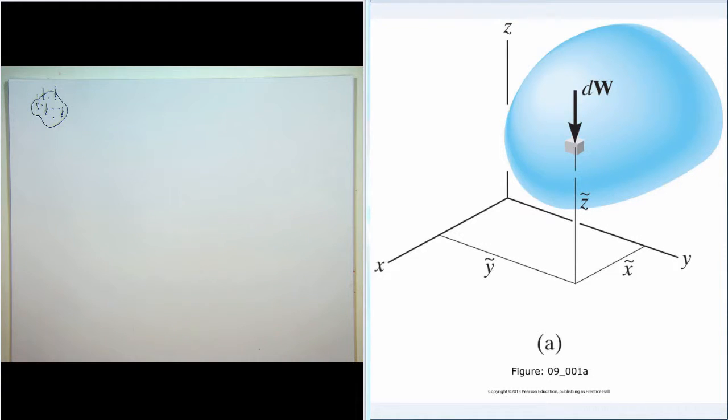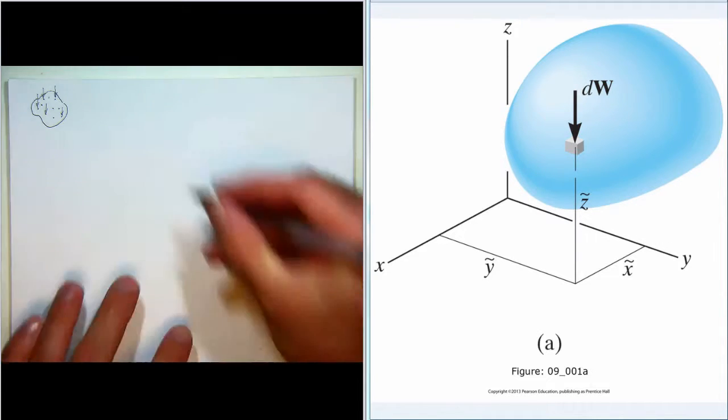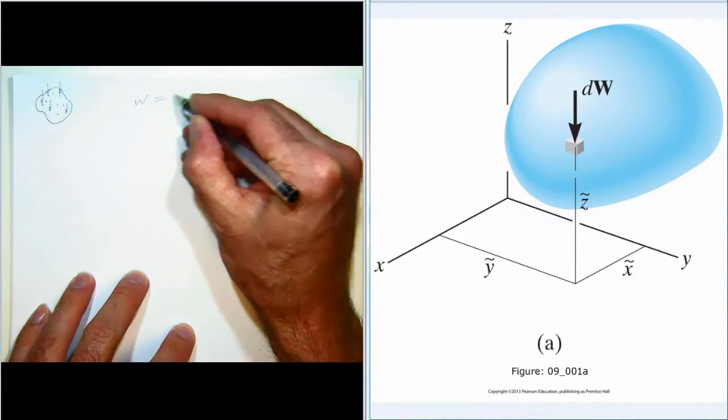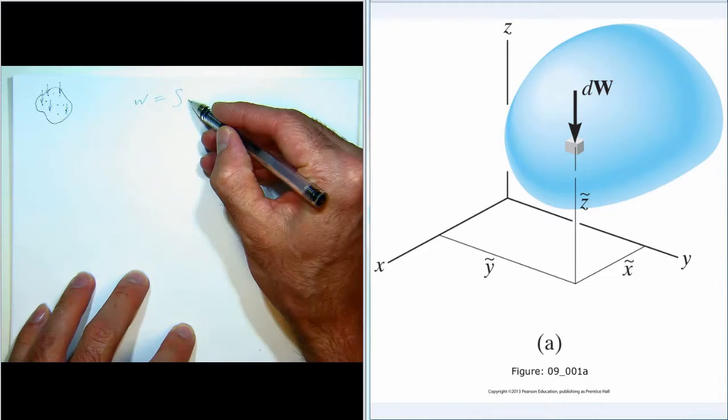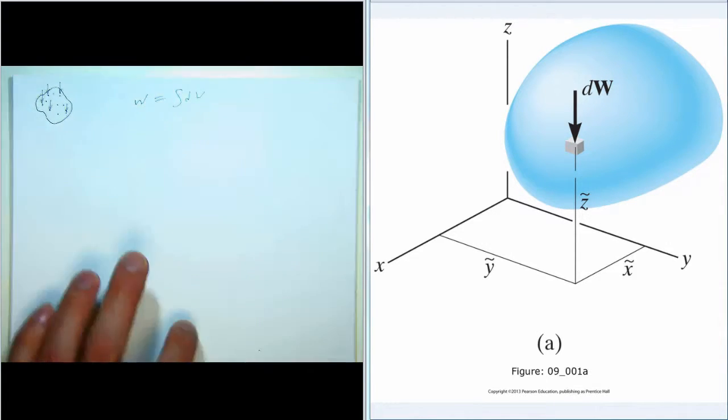And so if we want to describe how the weight of the entire rigid body acts, then we just consider the integral. So the weight of the entire body is the integral over the entire area of all the smaller weights.